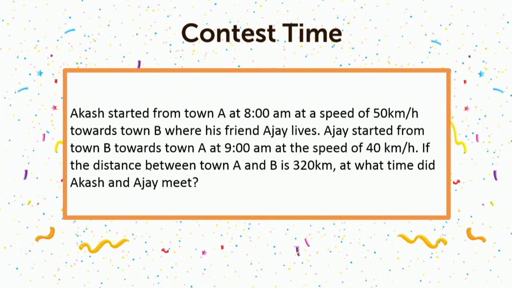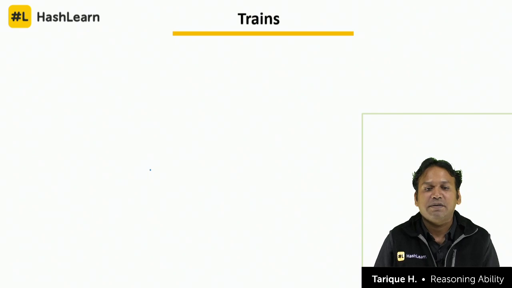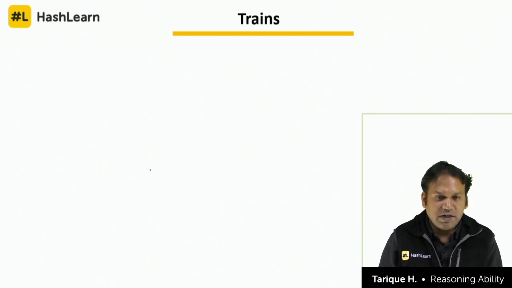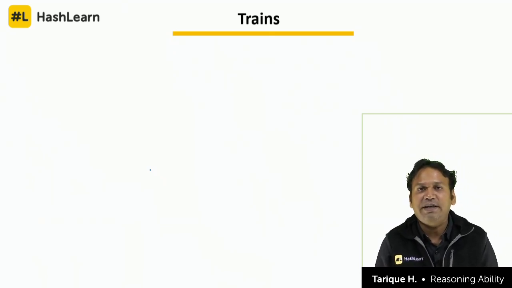So, now we will go to the next slide and see the new concept on trains. The concept of trains. Why are we discussing trains separately here? Earlier also we have seen questions on trains in the first class of speed, time, distance.